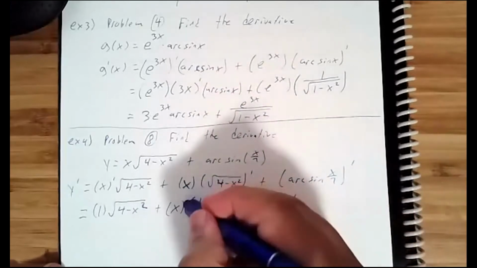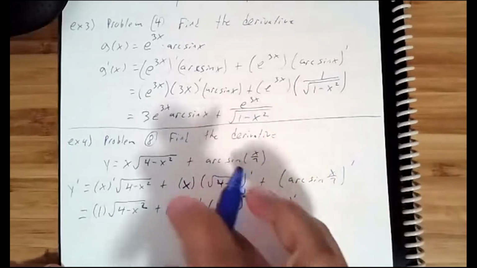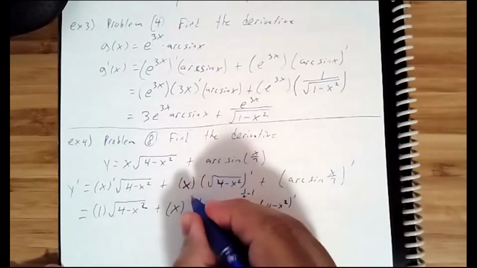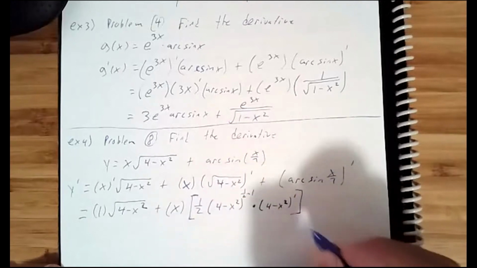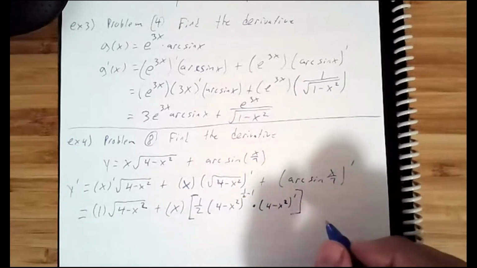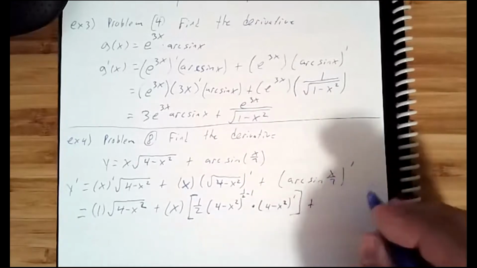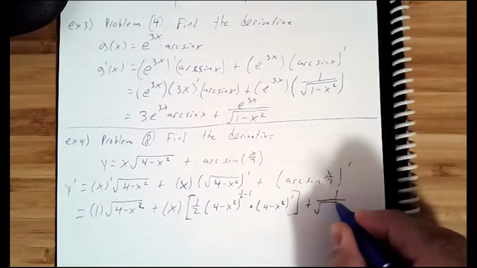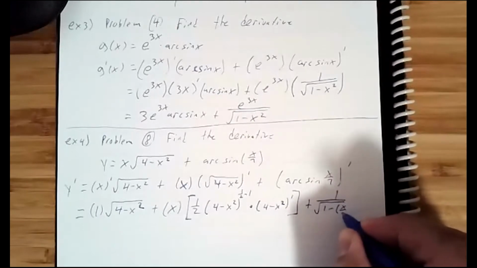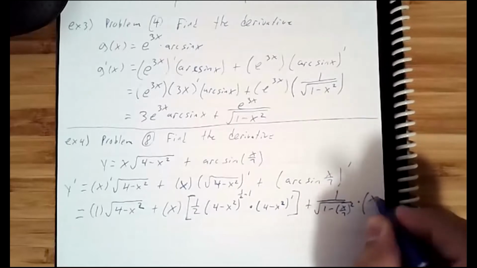I'm going to put brackets on this. Derivative of this guy is going to be 1 over the square root of 1 minus x over 7 squared times the derivative of x over 7.